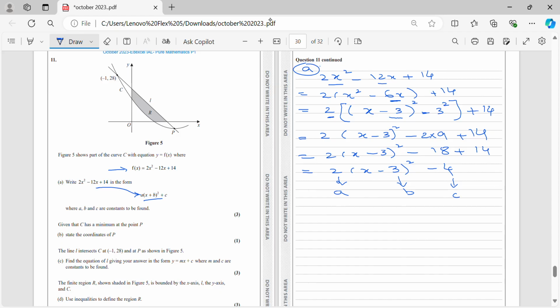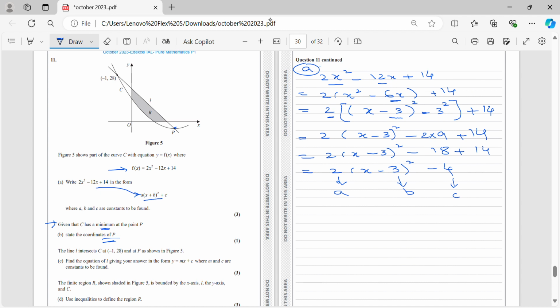In the next part, it says that given that C has a minimum point at P, state the coordinates of P. So it's a minimum point.